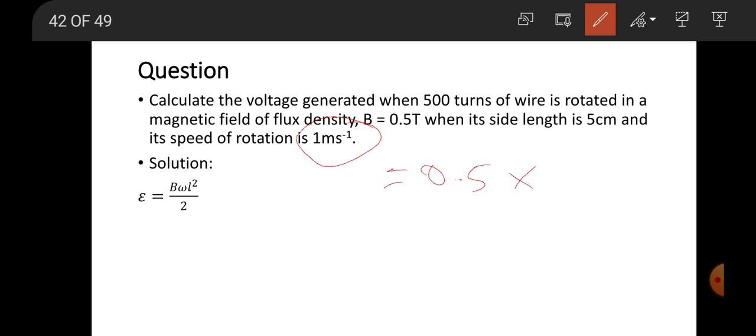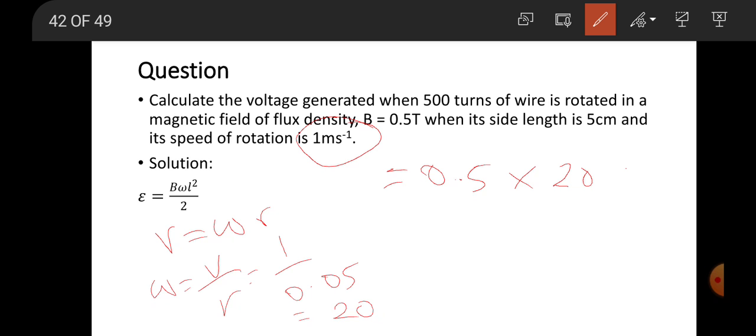But remember that speed V equal to omega R. So that means omega will be equal to V over R. In this case now, my V is 1. My R here is the length of the wire, which is 0.05. And that will give us 20 radians per second. So I will multiply here by 20 times L squared. The length squared means 0.05 squared.